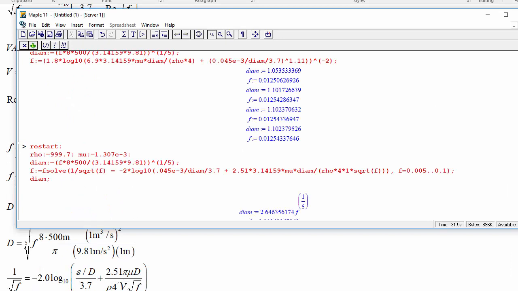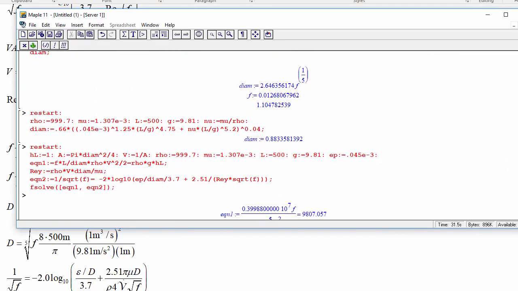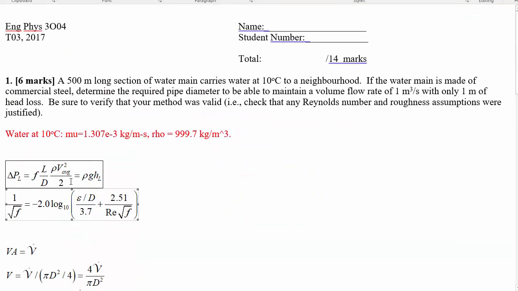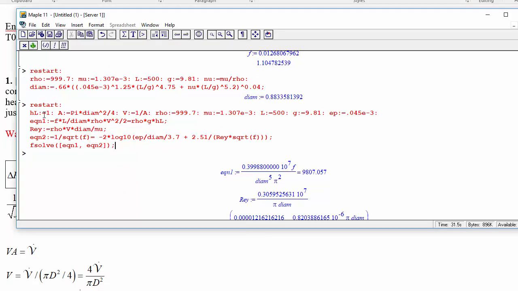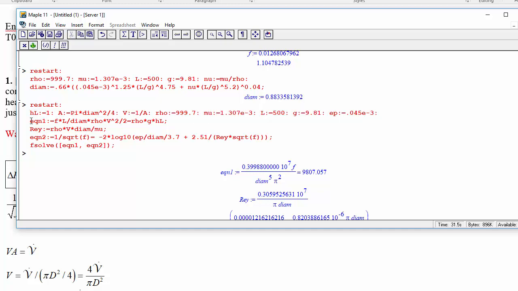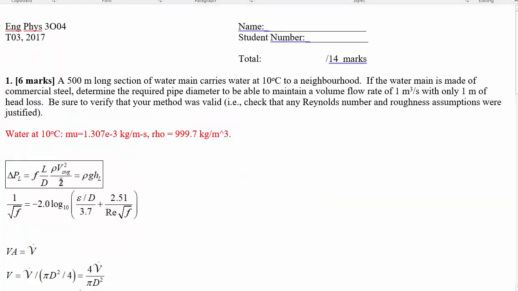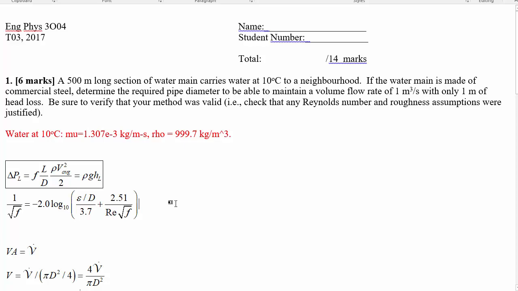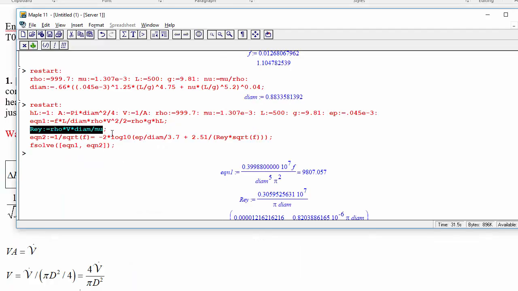In order to deal with this, what I did is first kind of went back to the drawing board and just took these two basic equations at the start, and then using a more Maple-y way of solving it, typed in the head loss, the area in terms of the diameter, the velocity in terms of the flow rate and the area, density, dynamic viscosity, length, G, roughness, typed in equation 1, which is this one, typed in equation 2, the Colebrook, and then typed in what the Reynolds number is and told it to explicitly go and solve this.